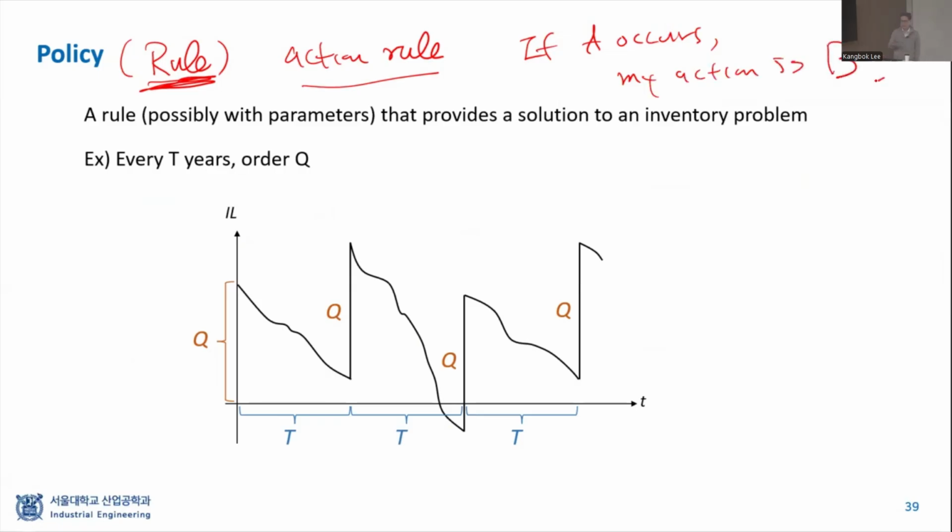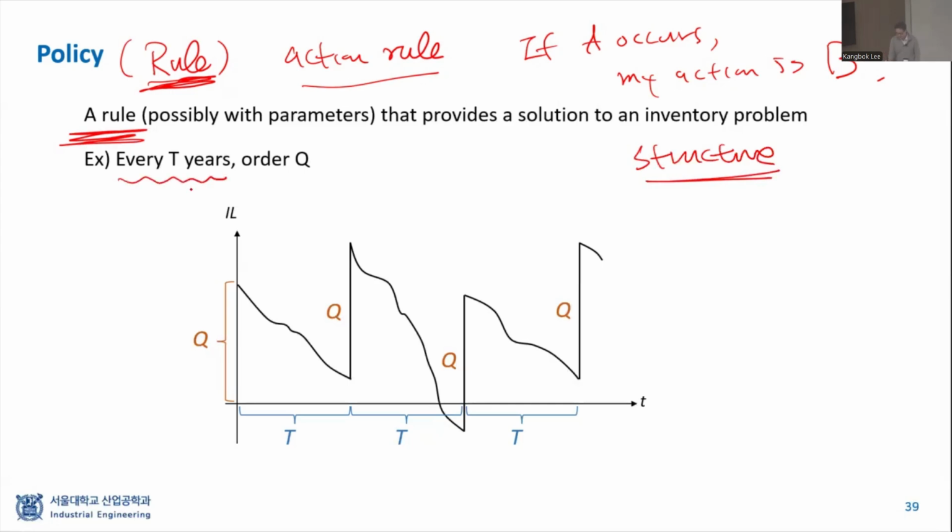I have to identify on which condition A, which action B I should take. That's the simple structure of a policy. And as long as I know my rule, I actually have the structure of my policy.